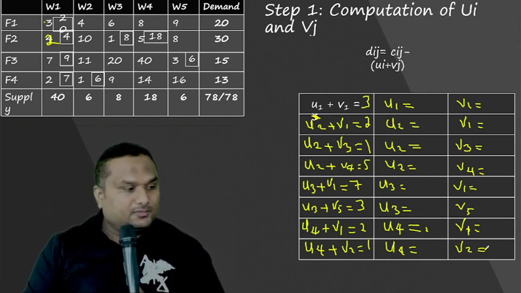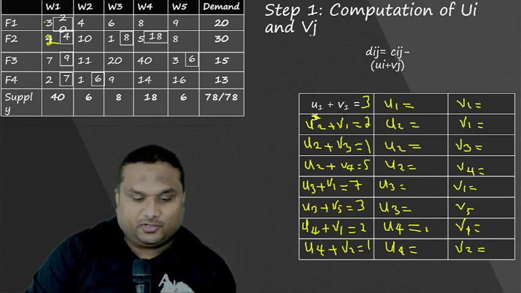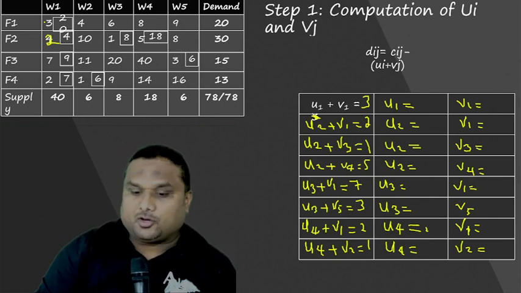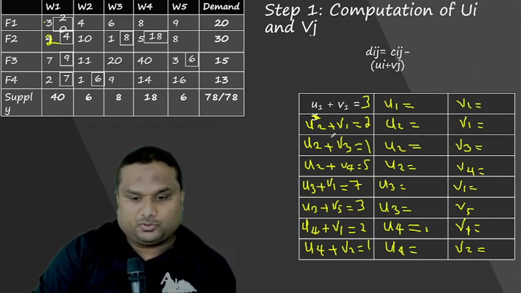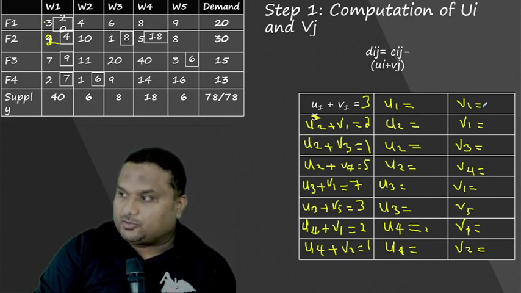Comfortable? Tell me. If you are able to get the values of V1 and V2, I would like to say 70% is done. Normally, how to do this value computation? They will put any one of the values as 0.